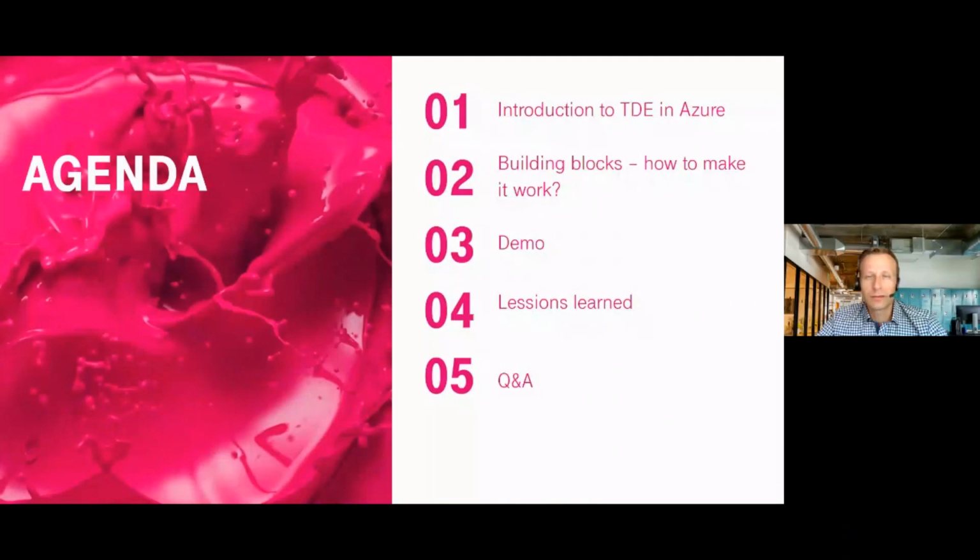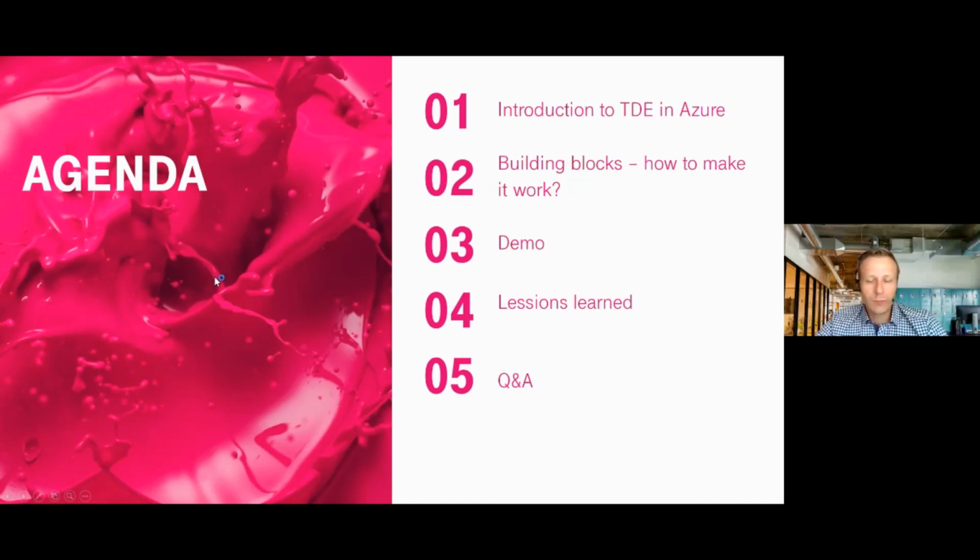Today we are going to talk about transparent database encryption. What does that mean? I will give you a short introduction about the technology and how it works. Then we will focus on Azure and all those building blocks and technologies surrounding transparent database encryption, how these things fit together, and how these elements make this feature up and running.